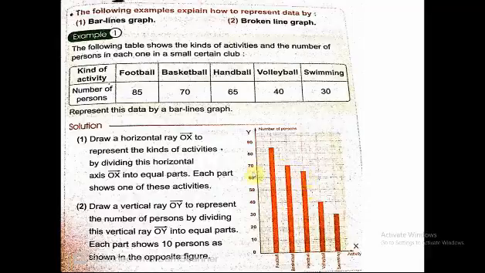Then volleyball is 40. I go up from volleyball to reach 40 and make my bar line. Swimming is 30. I start from swimming and go up until I reach 30, then I make my bar line.